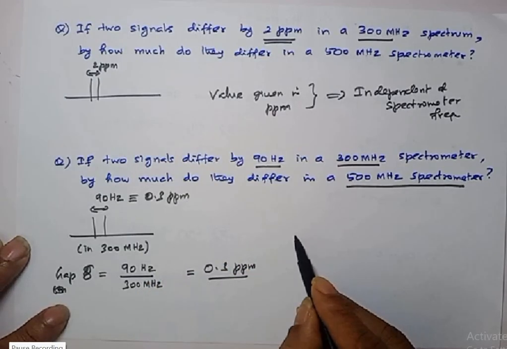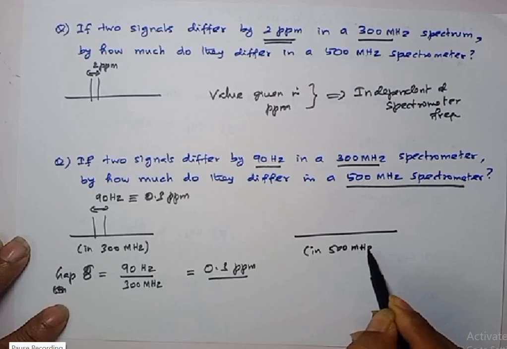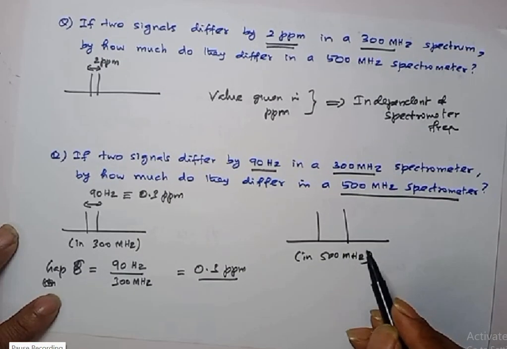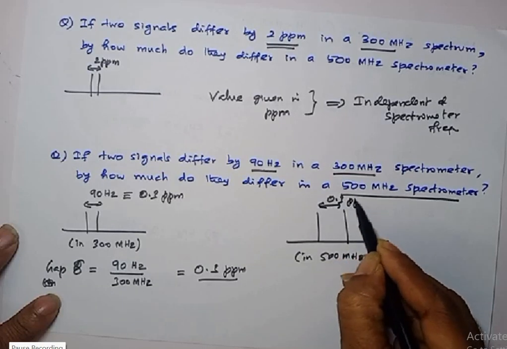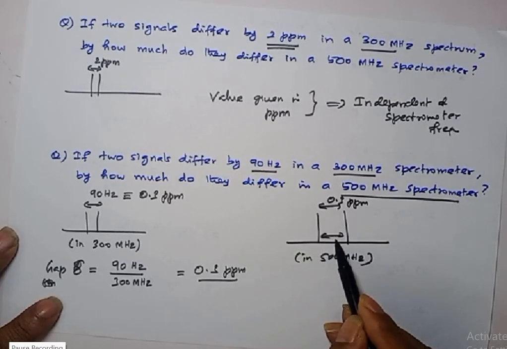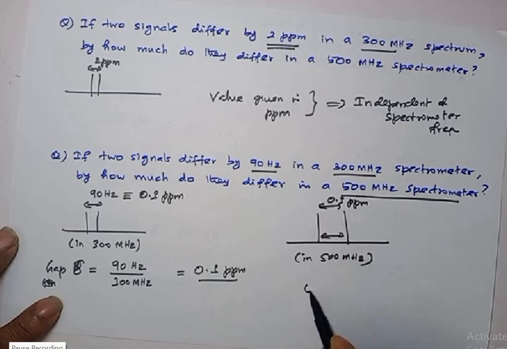Now, if I use a 500 megahertz instrument, we get the two signals, and the gap between the two signals remains 0.3 ppm. The ppm value does not change. But now, what is the gap in frequency? If you want the gap in frequency, multiply this gap in ppm with the spectrometer frequency in megahertz. So 0.3 into 500, I'll get 150 hertz.